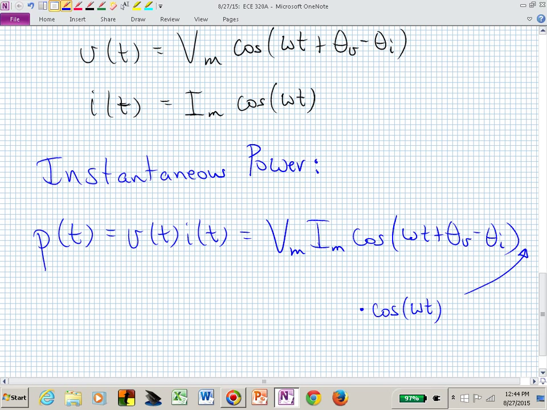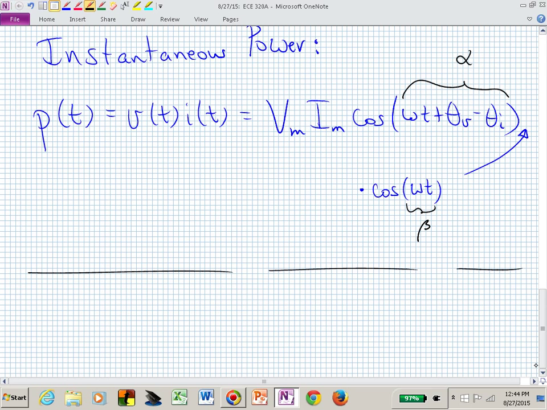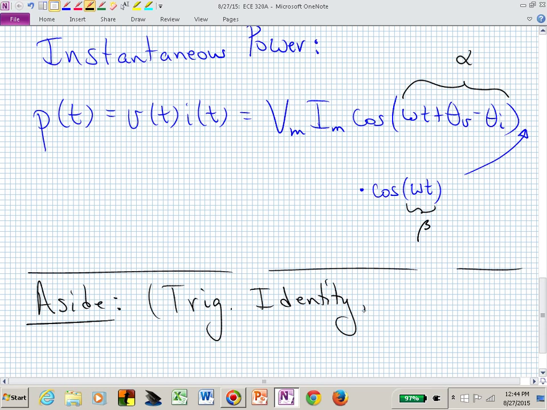What do I have? I actually have two cosines that are multiplied together. Suppose that I call this argument alpha, and let me call this argument beta. And we'll just step aside for a minute and remind ourselves of the identity.